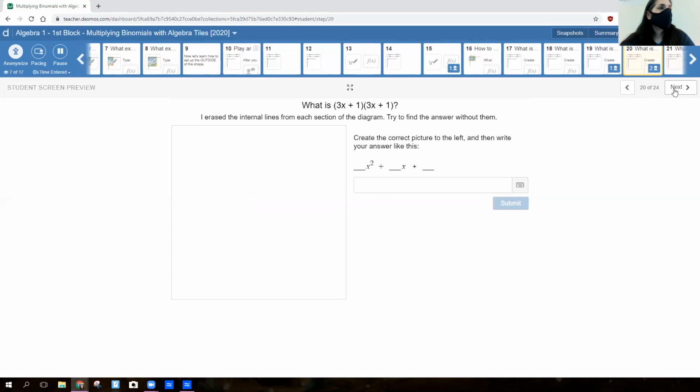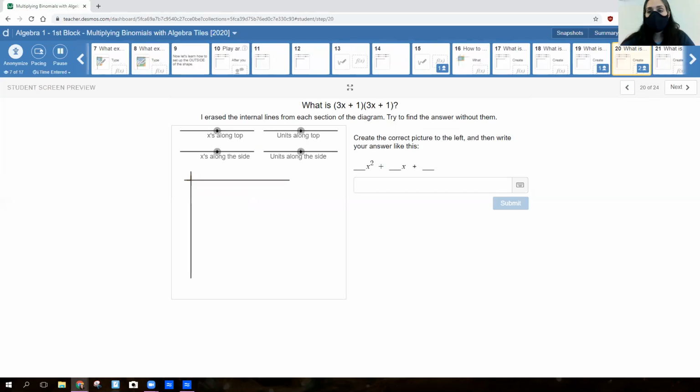Alrighty, let's go to slide 20 and go ahead and try this one. Create the box and then write your answer.